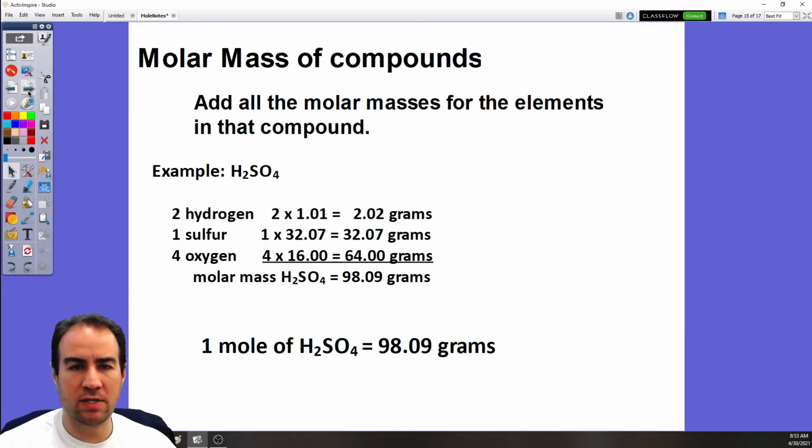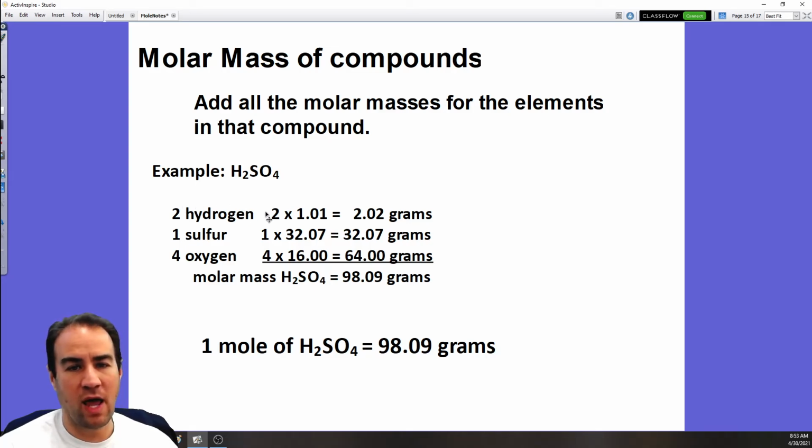So one more example here, H2SO4, the one we talked about before. You saw the calculation. So 2 hydrogen atoms, you have 2 times the atomic mass, 1.01, gives you 2.02. One atom of sulfur would be 32.07, and then 4 atoms of oxygen, 16.00 each. So you get your masses there.